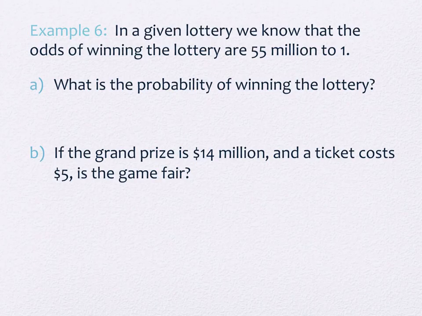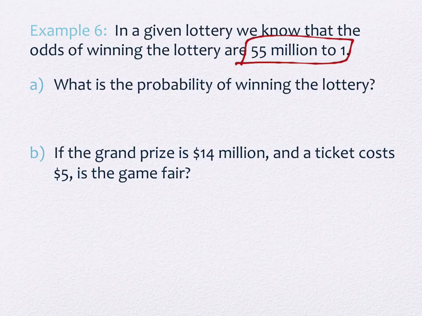So the first question is asking us to figure out what the probability is, given that the odds of winning are 55 million to 1. So what would we do to find the probability of winning if those are your odds? What does this phrase mean then? What does it mean, 55 million to 1?